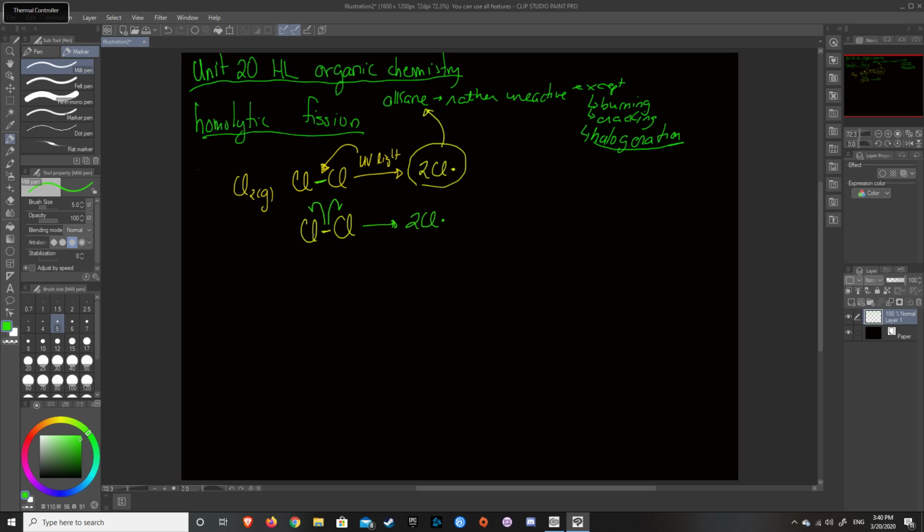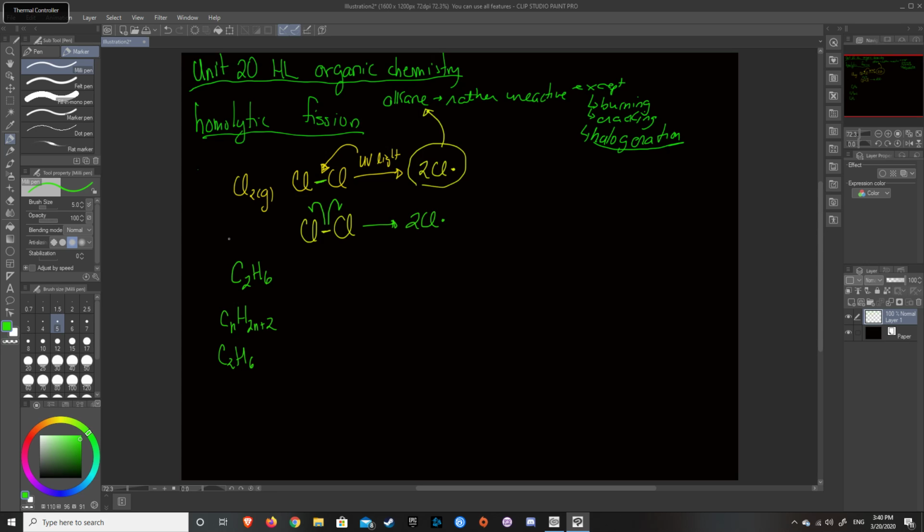An example of a reaction involving homolytic fission, if you read your textbook, or I'll provide it right here: of course, we've got C2H6. Hopefully you know what this is. CnH2n+2 is the rule to figure out if it's an alkane, alkene, or alkyne. C2, H: 2 times 2 is 4, plus 2 is 6, which means that it's an alkane.